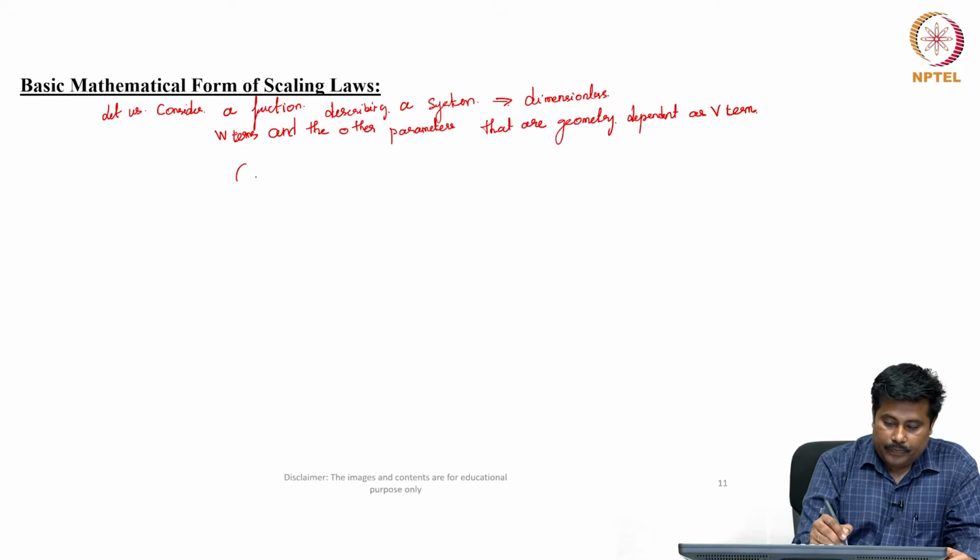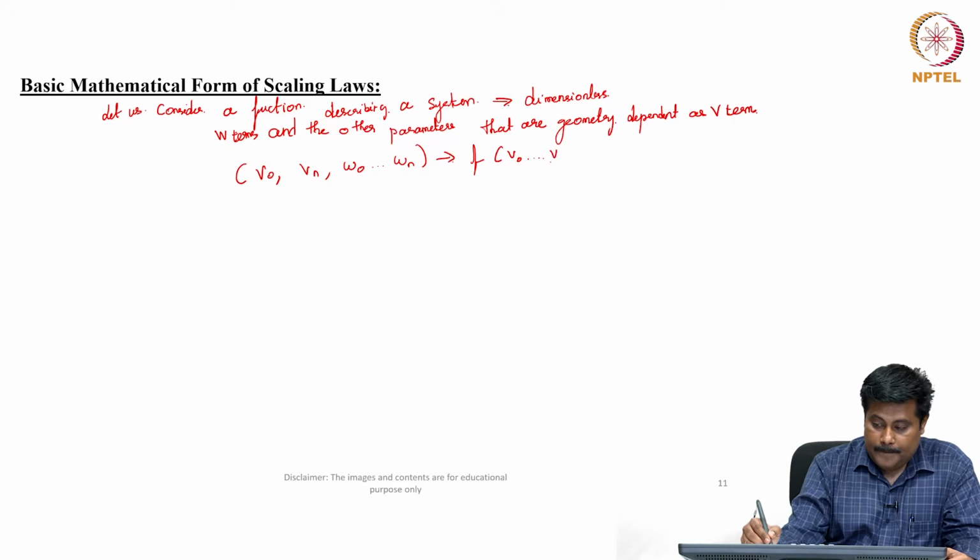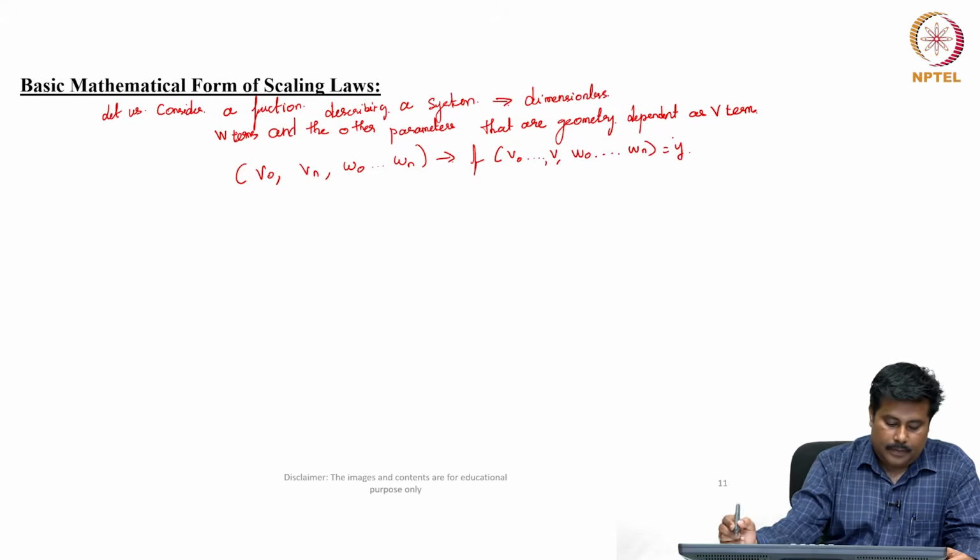Now, V0 to Vn, W0 to Wn: W0, ..., Wn is f of V0 to Vn, and W0 to Wn equals y.